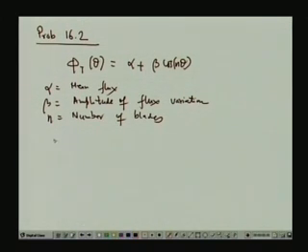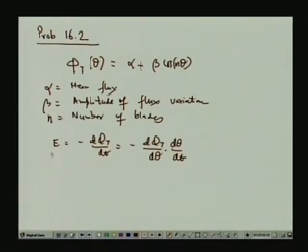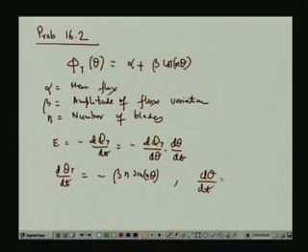So E equal to, we know, minus d phi by dt, minus d phi by d theta into d theta by dt. So it will give you, now d phi by d theta is equal to minus beta n sin n theta, right, and d theta by dt is equal to omega, which is angular velocity.